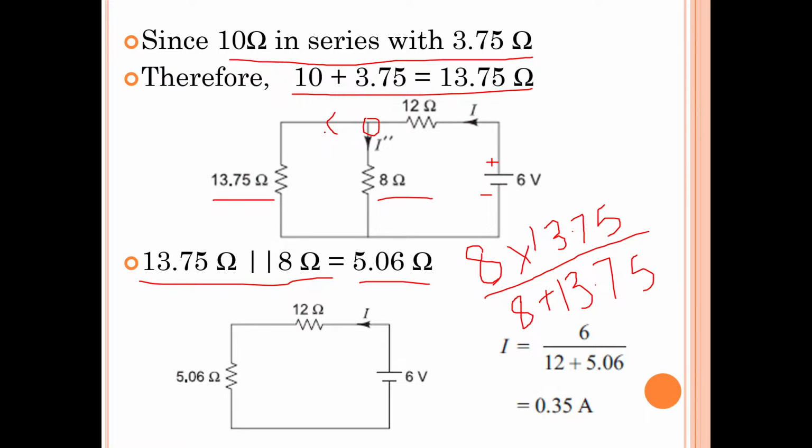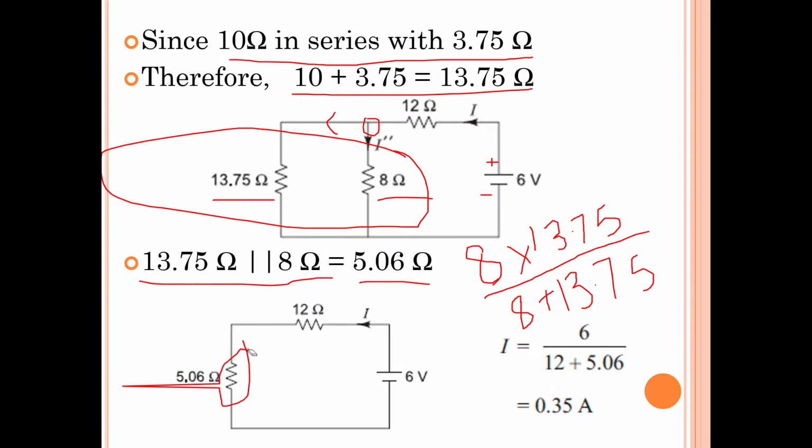Now replace this 8 and 13.75, which is the parallel combination, with a single resistor whose resistance value is 5.06 ohms. Now this is our modified circuit, isn't it?